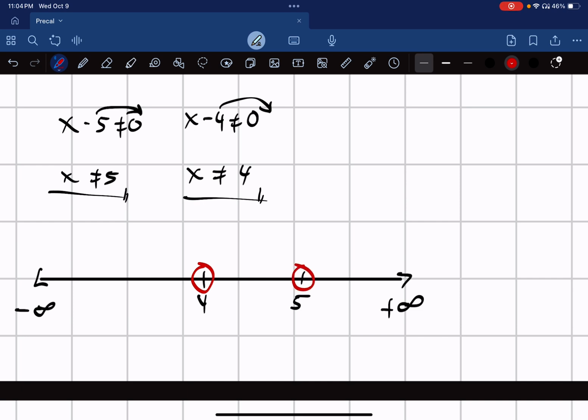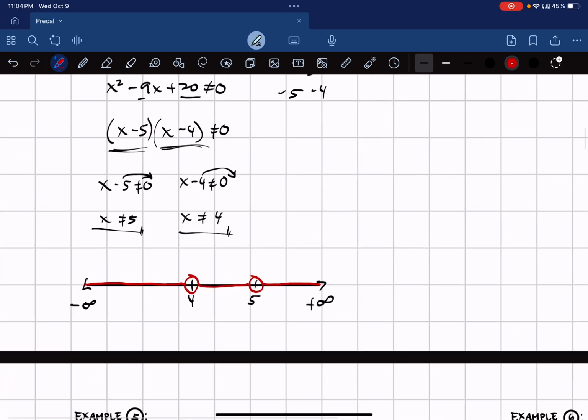The domain is all real values from negative infinity to positive infinity, excluding 4 and 5. So these are the intervals: negative infinity to 4, 4 to 5, and 5 to infinity.